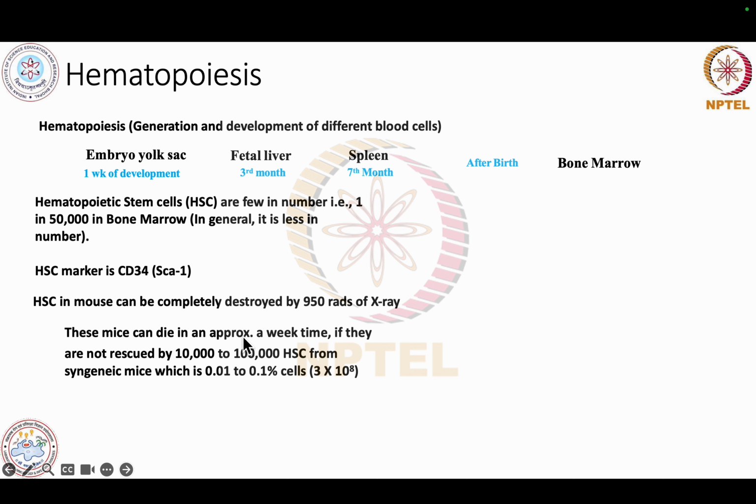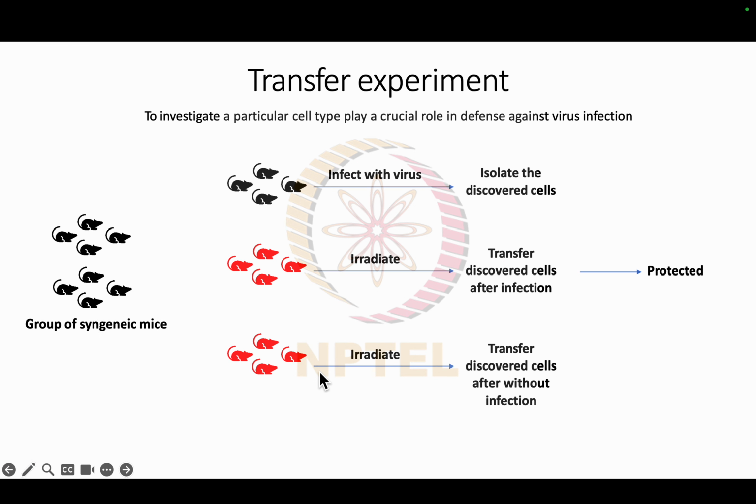These mice can die in approximately a week if they are not rescued by 10,000 to 1 lakh hematopoietic stem cells from syngeneic mice, which is 0.01 to 0.1% of cells. So this is a transfer experiment to investigate whether a particular cell type plays a crucial role in the defense system against virus infections.